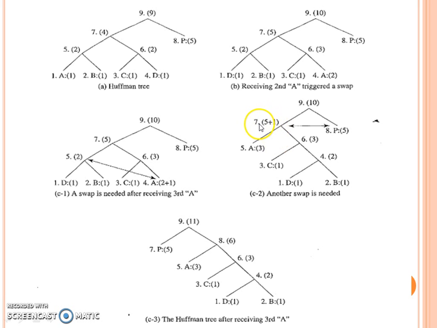Now the frequency of the 7th node will become 5 plus 1, that is 6, which is greater than node 8, that is 5. So we have to again swap node 7 and 8. After swapping we get the tree shown in C3. In this, the sibling property of the adaptive Huffman tree is maintained.